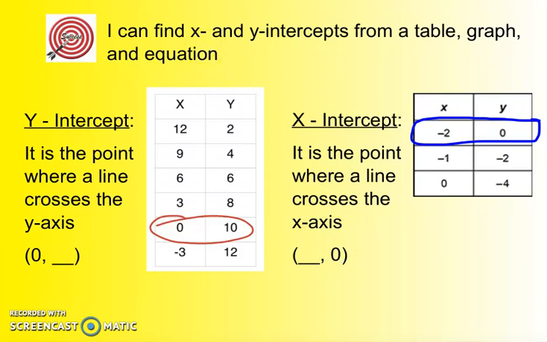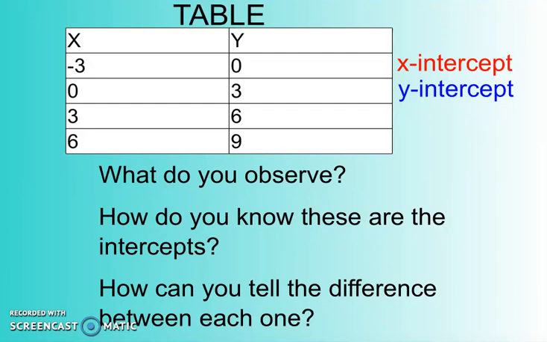Okay, so when we look at a table, just from knowing that information, we should be able to pick out what the x and the y-intercept is. And so looking at this, can you tell me right away what would be the ordered pair of an x-intercept and what would be the ordered pair of the y-intercept?